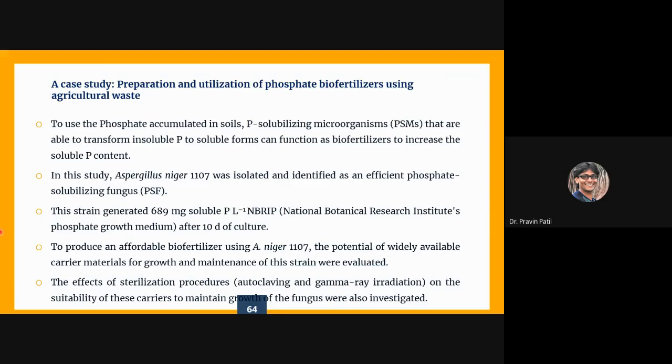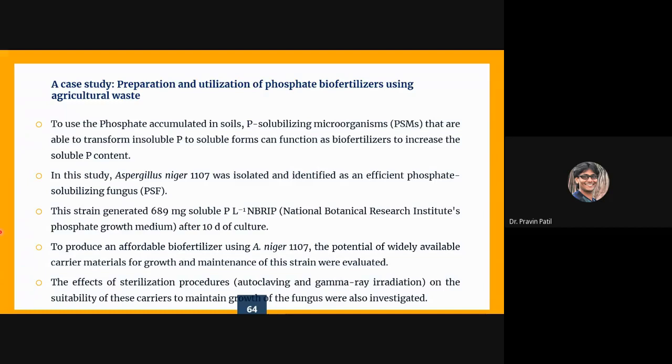In this study, Aspergillus niger, which is a fungal strain, was isolated and identified as an efficient PSF microbe. The strain generated 689 milligram of soluble phosphate per liter in NBRIP media, which is a type of media, after 10 days of culture. To produce an affordable biofertilizer using Aspergillus niger, the potential of widely available carrier materials for growth and maintenance of the strain were evaluated.